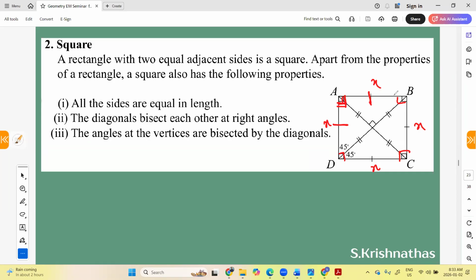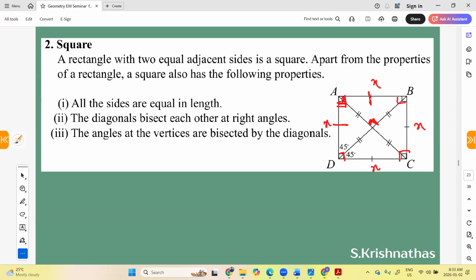Okay. Now, students, what are the special properties of a square? Diagonals are equal in length. All sides are equal in length. One more thing, diagonals bisect each other at right angles. Very important thing. In another quadrilateral also, the diagonals bisect each other at right angles.